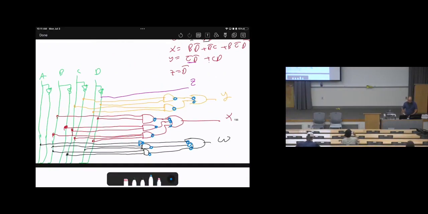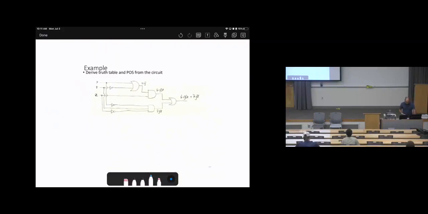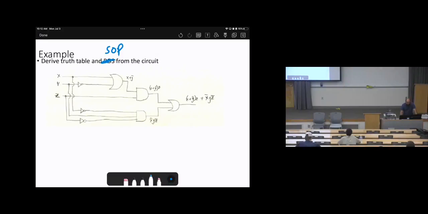Okay, let's go to another one. Derive the truth table, and I'm going to call it sum of products of the circuit because it's sum of products, not product of sums, on this circuit. Look at the circuits. So now I'm doing reverse engineering. Assume you work in a company, you work in a lab, then they give you this circuit.